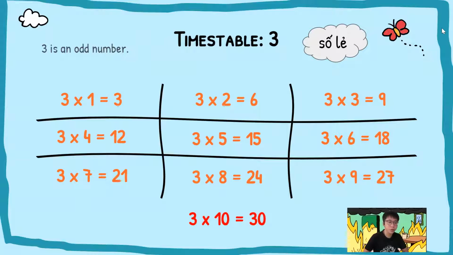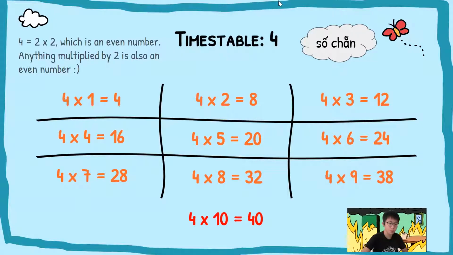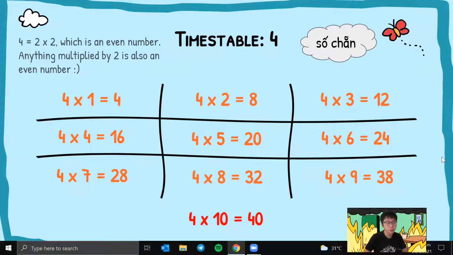Three is an odd number, so lẻ. 4 is the product of 2 and 2. 4 equals 2 times 2, which is an even number. Therefore, 4 is also an even number.